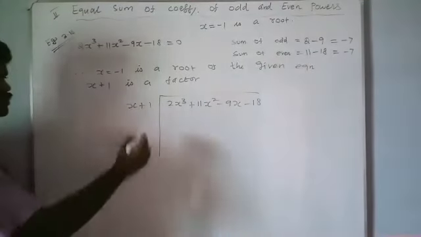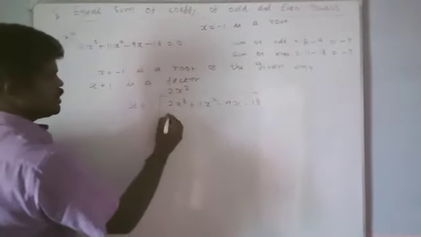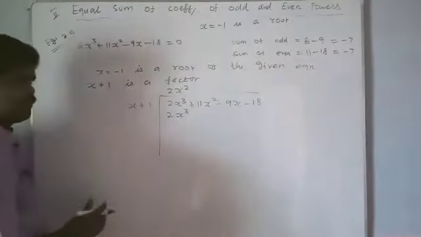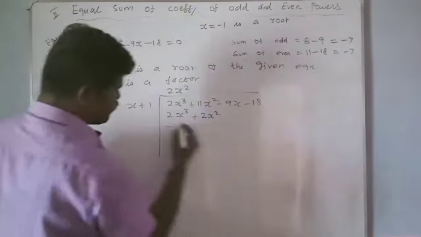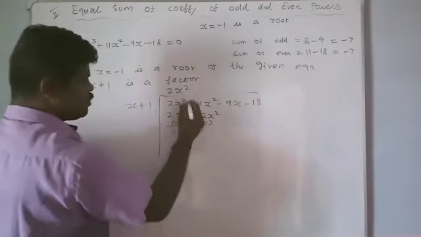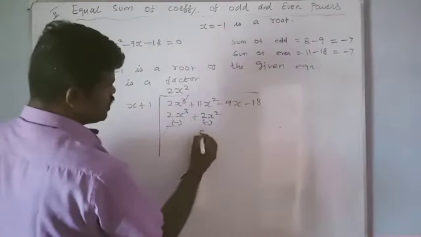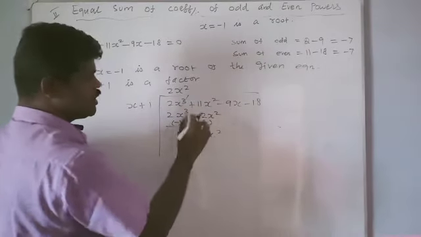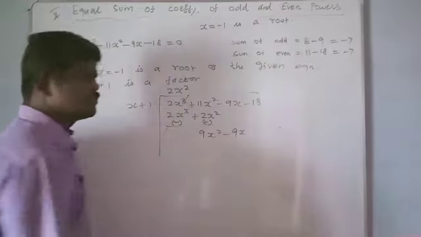Now we want to find 2x squared: 2x squared times x plus 1 gives 2x cube and plus 2x square. This is minus and this is also minus. Cancel this term. And this is 9x square, and take minus 9x downwards.